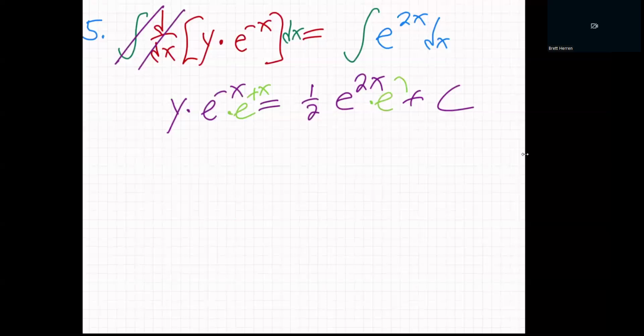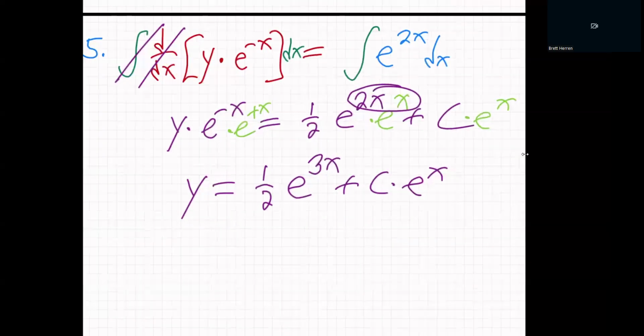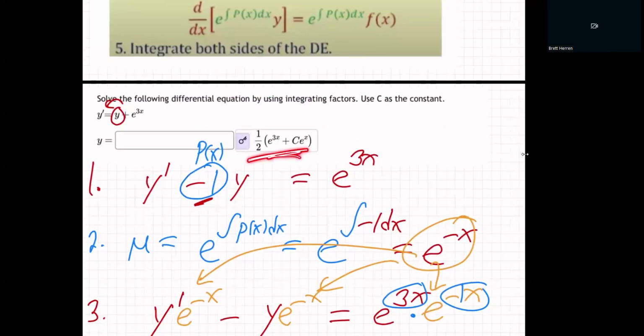Because these will add, remember same bases multiply, add to be e to the 0, which is 1. That'll just get y alone. What happens over here? Again, they add: e to the 3x, c e to the x. There we go. That's the right answer. Half e to the 3x plus c e to the x.